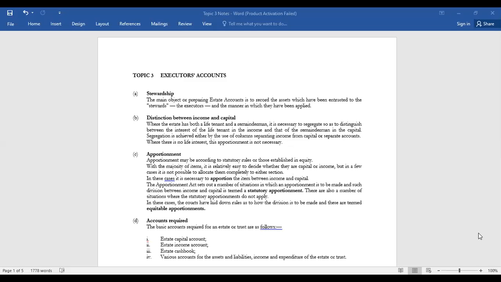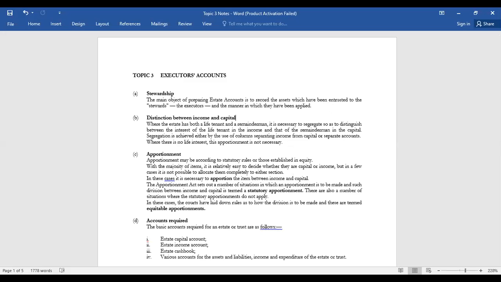So the main objective is to prepare the accounts of the estate of the testator or the intestate, and ensure that it is shared to the beneficiaries. So today we'll be looking at the executor's account.